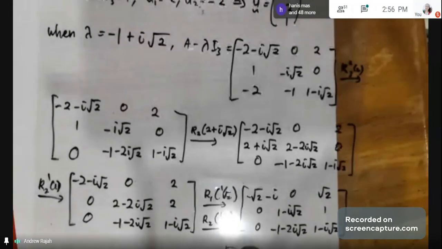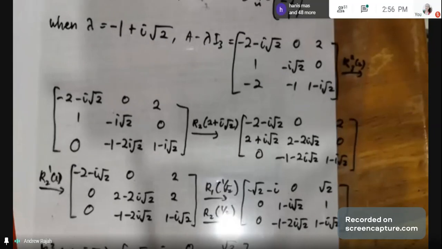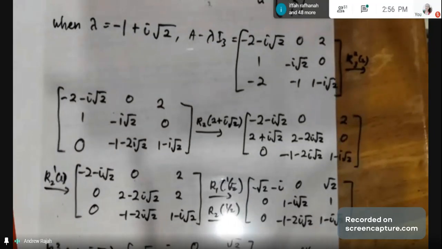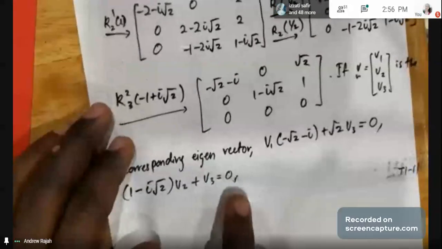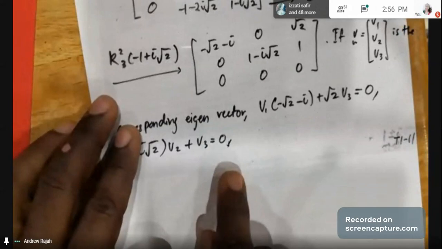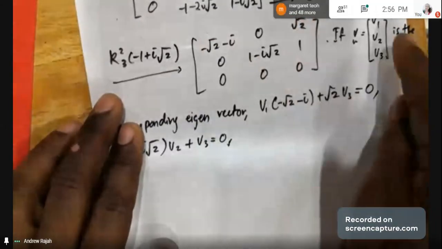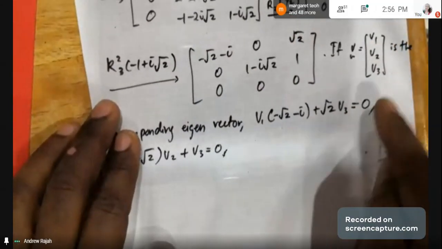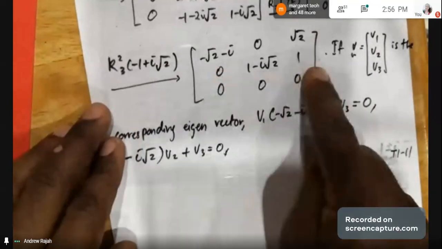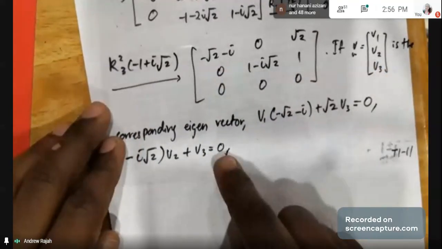When you multiply the first row by this vector, you get this. The second row times this vector, you get this.